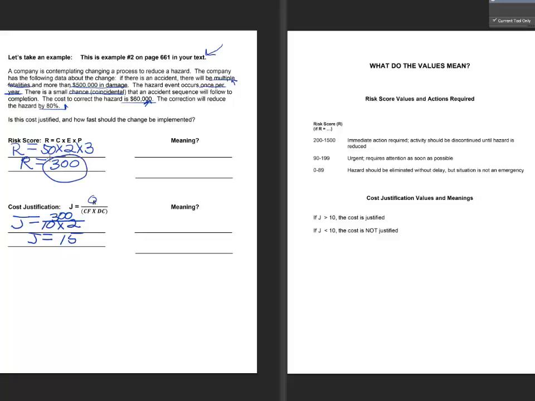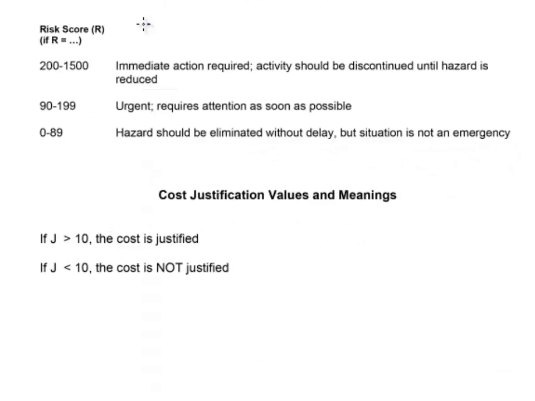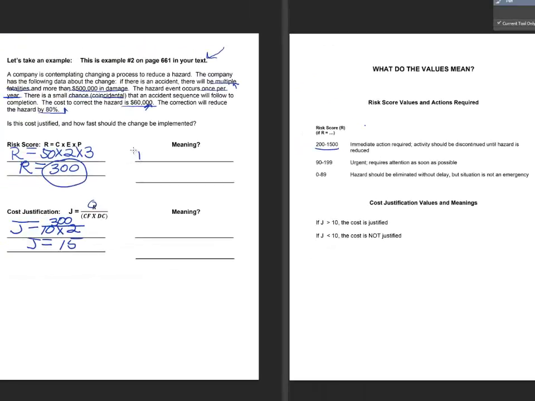All right, what does that mean? Let's go to our page that describes the meaning. And let's find 300 on here. Okay, it looks like 300 is between 200 and 1500. And it looks like immediate action is required. So immediate action.